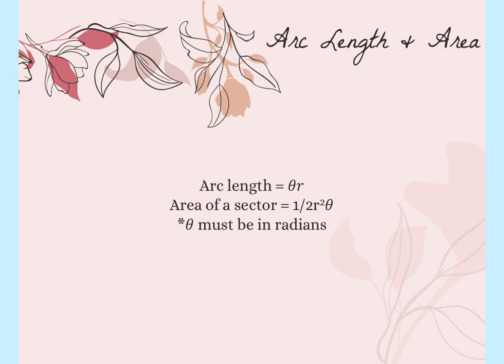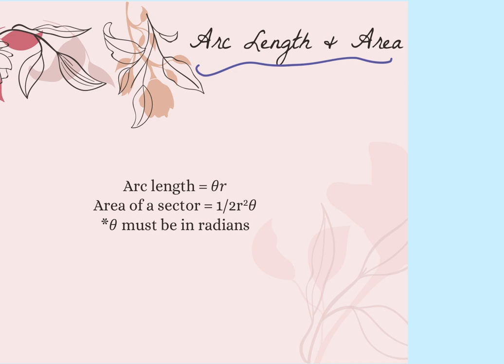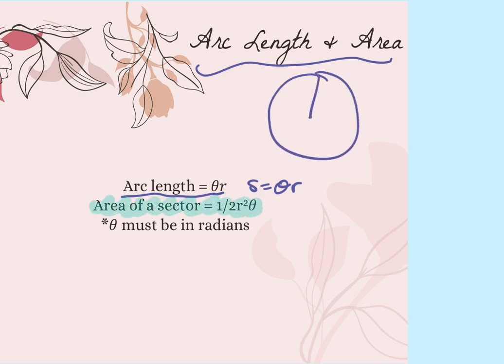All right, last thing, and then I'm going to go back to radians because I'll show you how to do something else. But it is called arc length and area. So we already talked about this. Arc length is theta times r. Area of a sector, so now we're talking the full area of the piece of the pie. So arc length is the outer ring. This is my length.